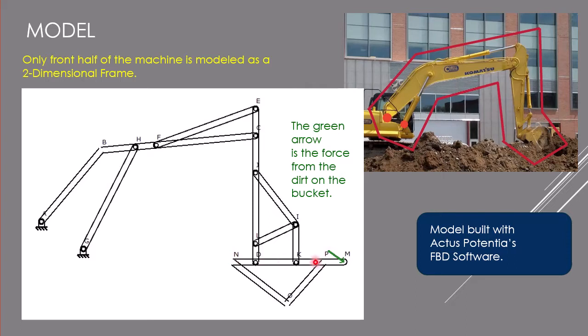This is the bucket at the front, and this green arrow shows the force or the weight of the dirt that this earth mover is lifting.